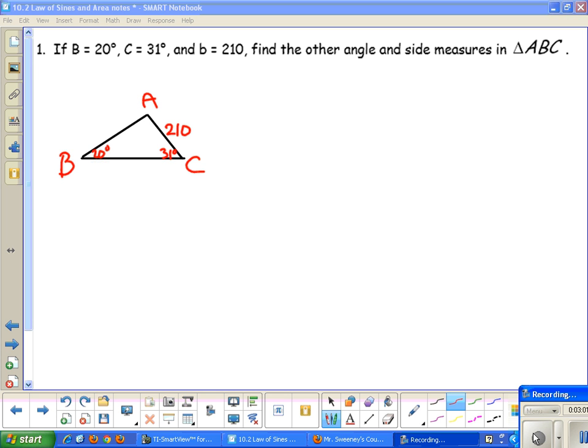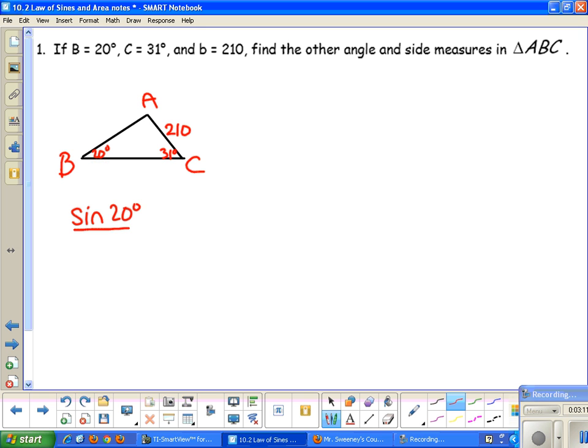For this one, I cannot use the law of cosines, but I can use the law of sines. So for the law of sines, we can do the sine of 20 degrees over, because this is B, over this side b, so over 210, is equal to the sine of 31 degrees over, and then we don't know this side, so I'm going to just call this c.